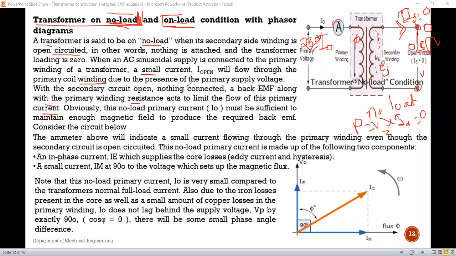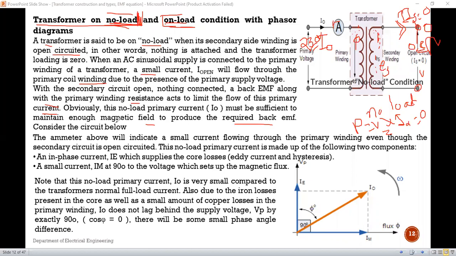Okay, so obviously this no load primary current I0 must be sufficient to maintain the magnetic field to produce the required back EMF. Okay, so हा जो काय करंट असेल, that is the no load current, is sufficient to produce the back EMF or to induce the EMF.